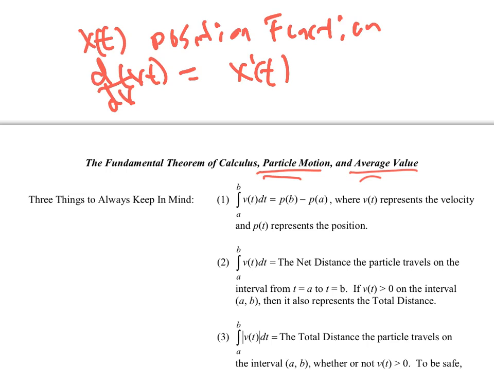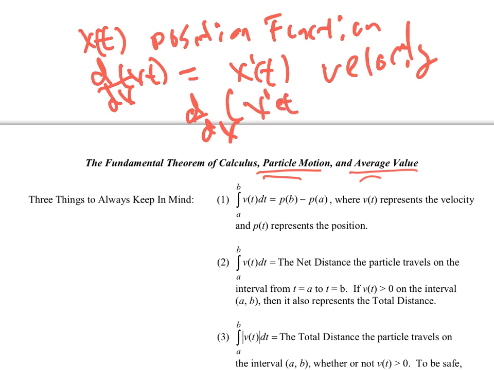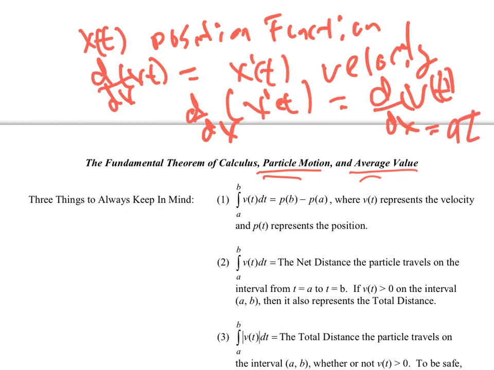That is called velocity. If I do another derivative, now I'm taking the derivative of x prime of t, which really means I'm taking the derivative of the velocity. That equals acceleration.